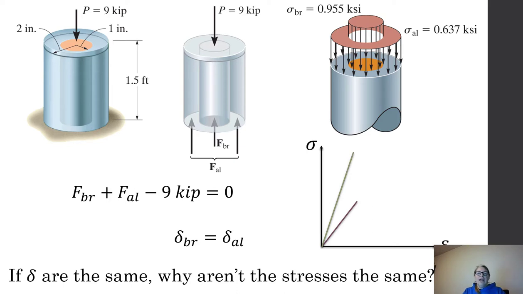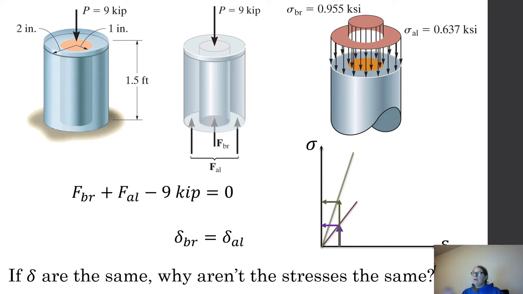What do I know? I know their deformation is the same. It's composite. They are both being smushed 1 inch. They have an original length. They both have the same strain, right? So if they have the same strain but a different modulus of elasticity, I can have material 1, which at this strain has a stress, and material 2, which might be the brass, and at that same strain it's carrying a different amount of stress.